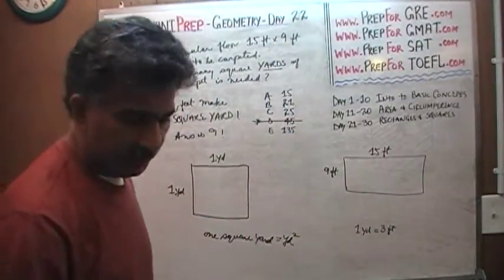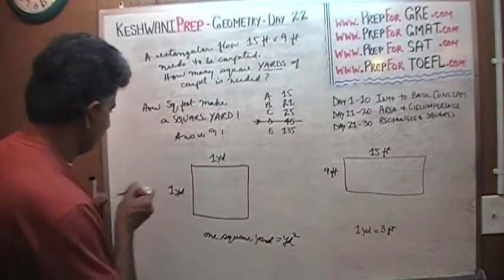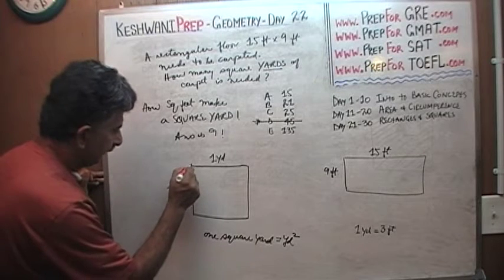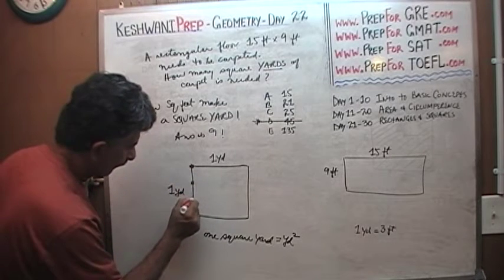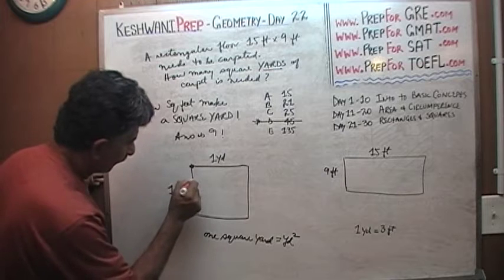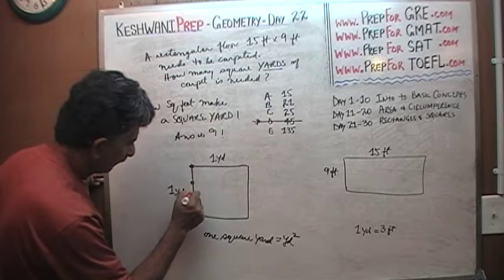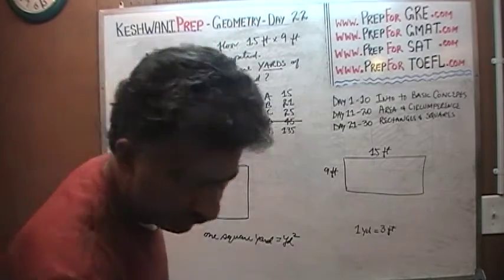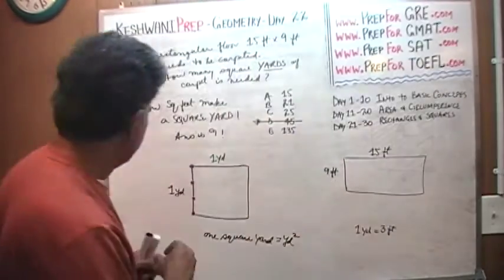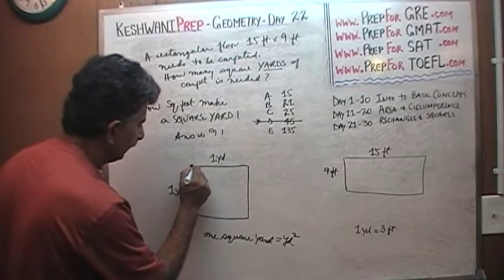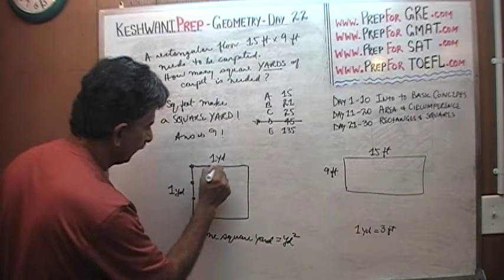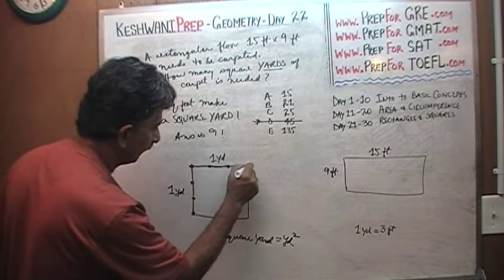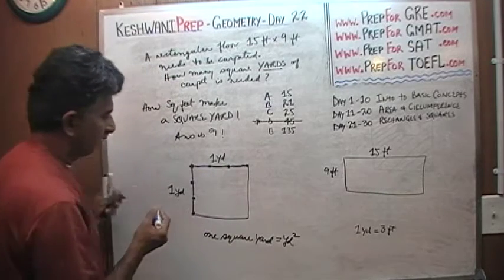There are 3 feet in a yard, which means I can take this line and break it up into 3 parts: 1 foot, 2nd foot, and 3 feet. Similarly, I can take the other side and break that into 3 feet.